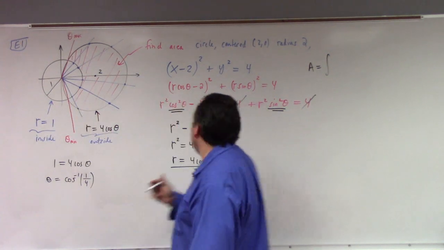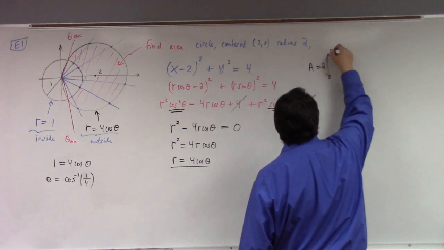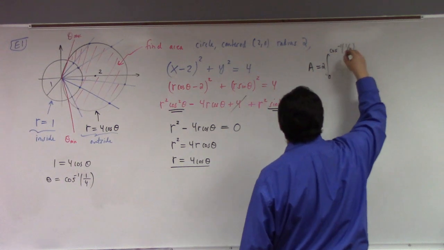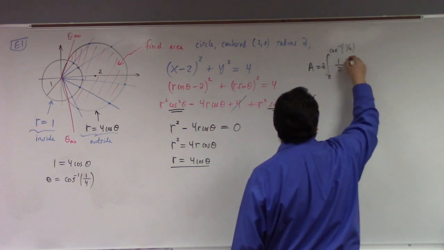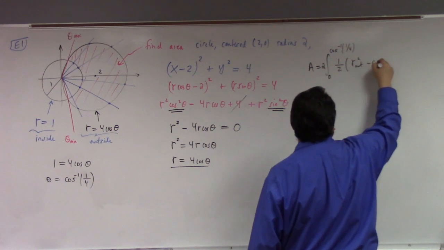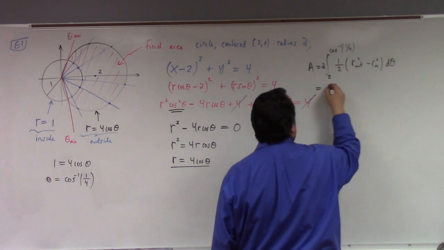So why don't we just double it and do the integral from 0 to inverse cosine of 1/4, because that's a little bit easier. 1/2, and then we do r out squared minus r in squared d theta. That was the formula for the integral.